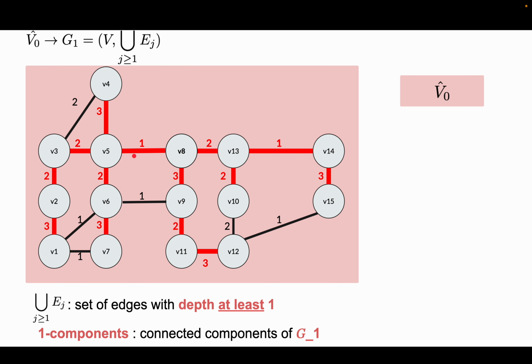Okay, so in this graph we have predefined the depth of each edge. There are numbers beside each edge representing their depths. Since every edge is starting at depth 1, G1 includes all the edges.